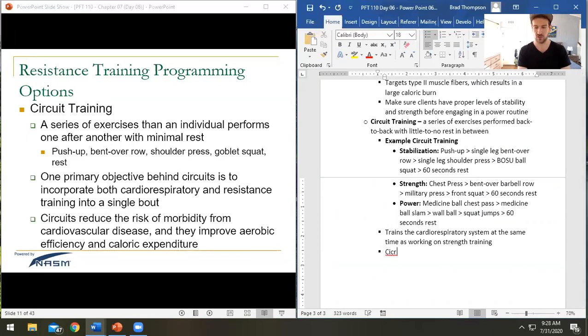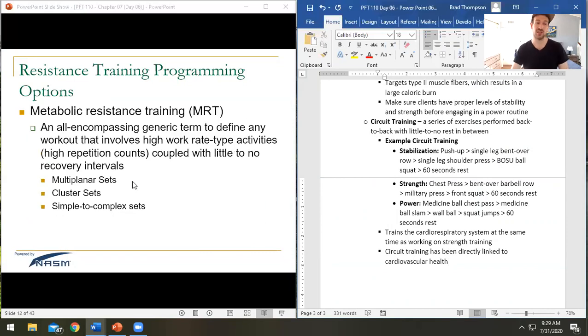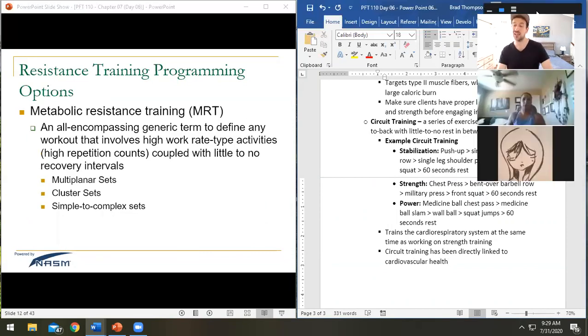Circuit training has been directly linked to cardiovascular health. And really the reason for that is just because you are working your entire body simultaneously. And so your blood vessels have to get really good at pumping blood everywhere.